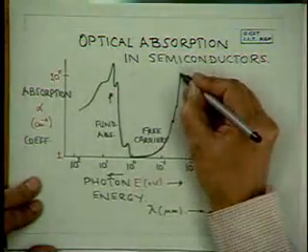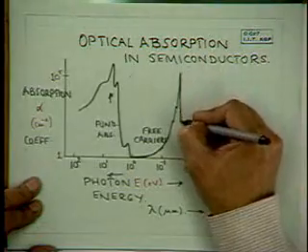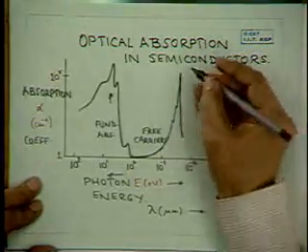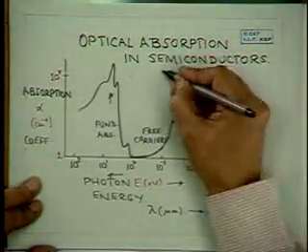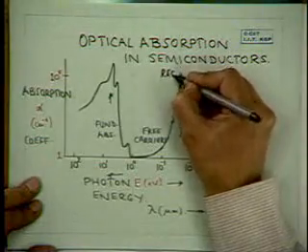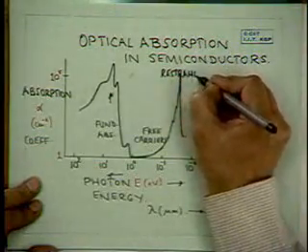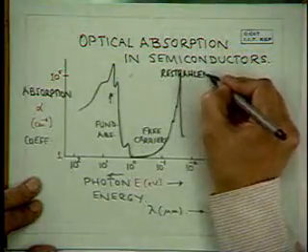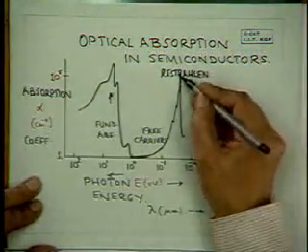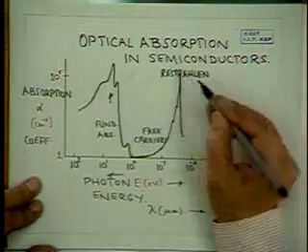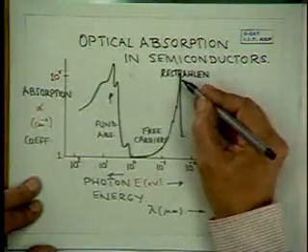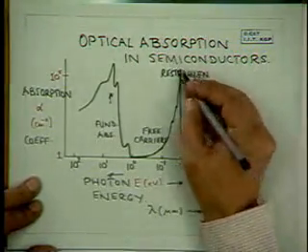Thereafter, we get a very strong peak again in the infrared, which is called Reststrahlen, from the German residual rays. This is due to absorption by lattice vibrations or phonons.